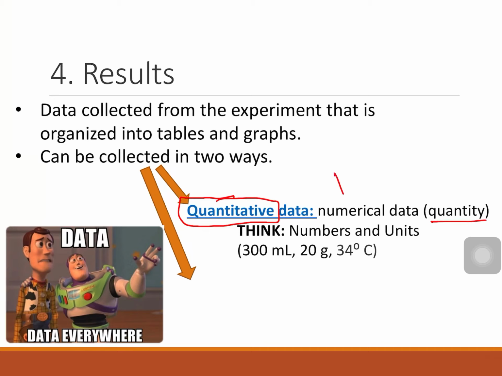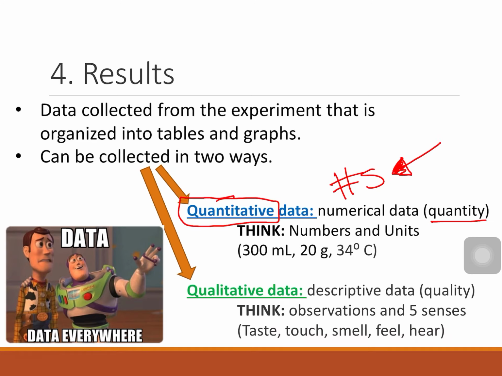So that means numbers. Whenever I ask you to include quantitative data, you better include some numbers, okay? This could include the number of milliliters, the number of grams, the temperature, the muscle mass, right? How big their muscles are, inches, centimeters, whatever it may be.